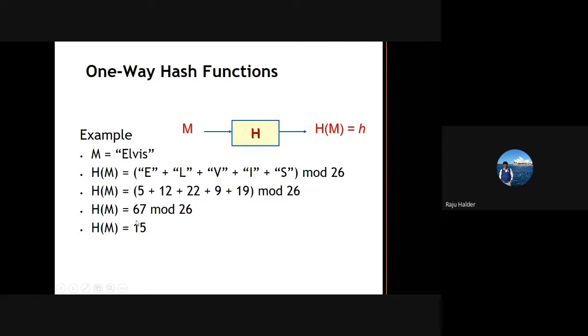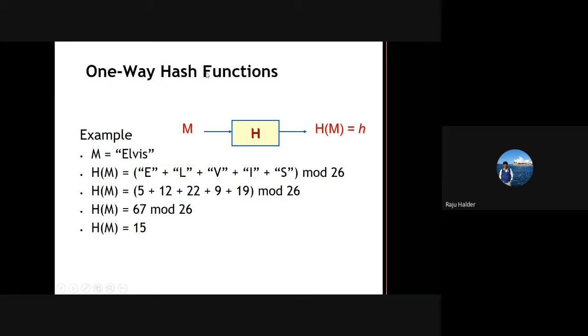So finally you get 15, and this is nothing but O. If you start from A, B, C, D, E, F, G, H, I, J, K, L, M, N, O, 15 means O. So if you give this input, you will get the final output O, or this value, whatever numerical representation.